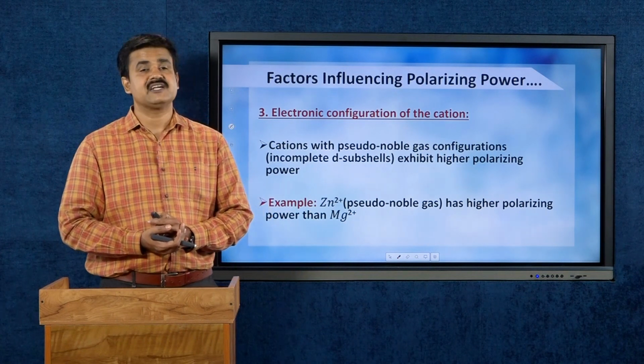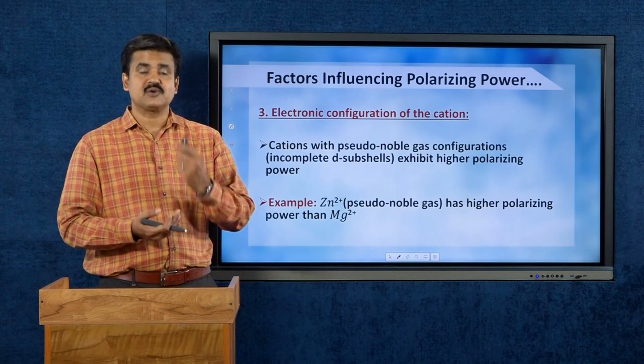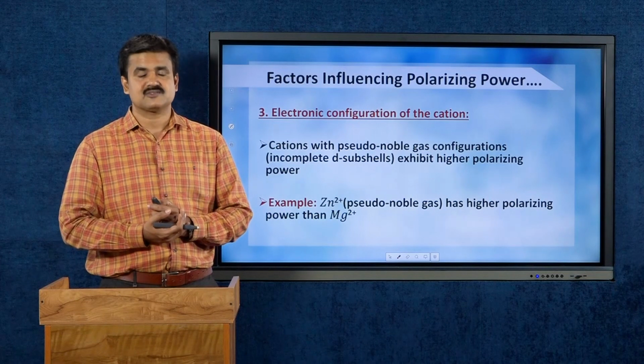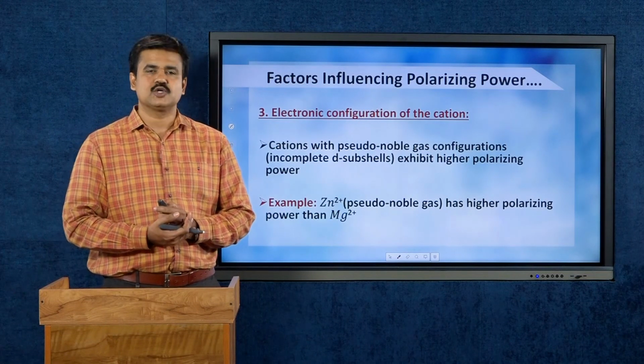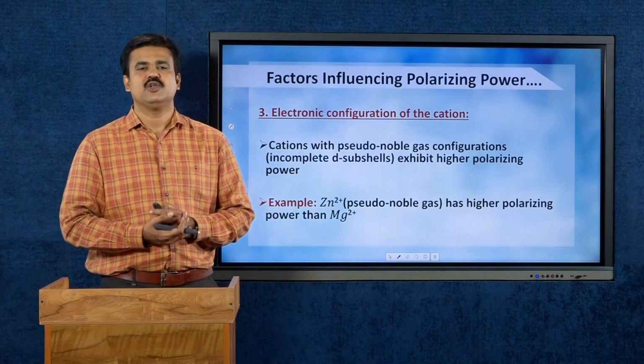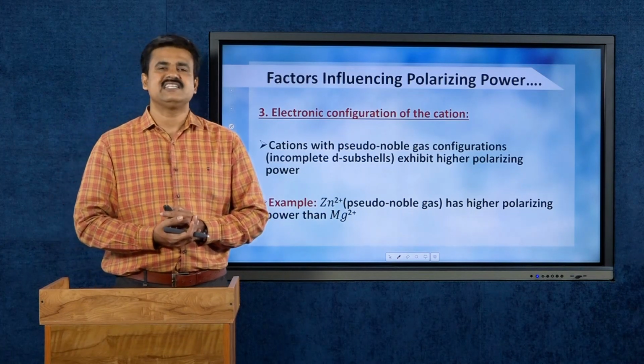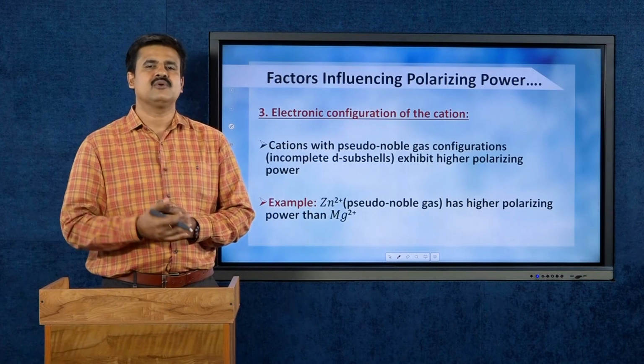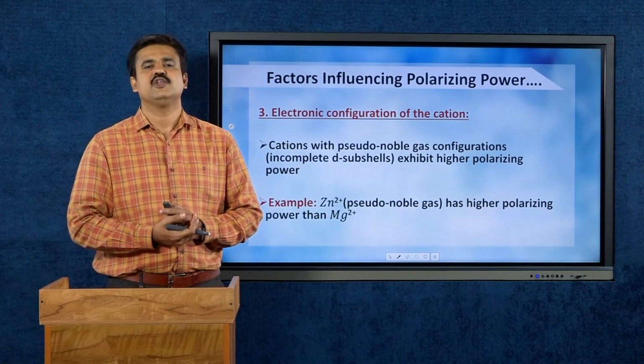Mg2+ has only 10 electrons, which resembles the electronic configuration of neon. So, Mg2+ has the correct, perfect noble gas configuration. At the same time, zinc 2+ is associated with the pseudo-noble gas configuration. So, it has polarizing power different from that of normal cations having noble gas configuration.